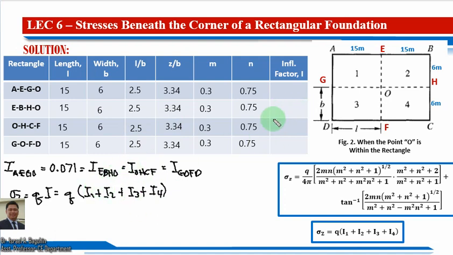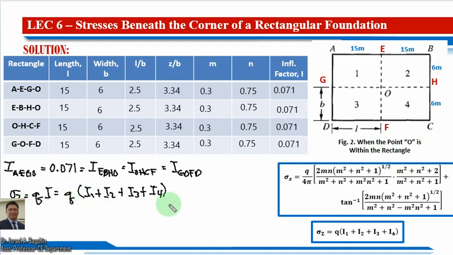So we can actually fill this one up now with the value of our influence factor of 0.071. Same also here for the second, third, and fourth rectangles. 0.071 and 0.071.